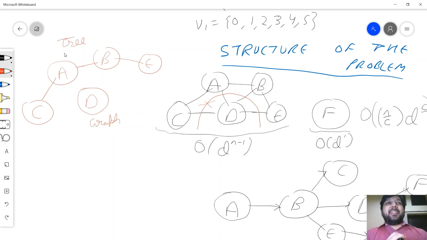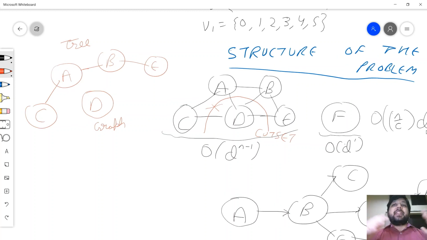In general, this is called a cut set, a set, which is just one here, of vertices which are taken out of your constraint graph, and after taking out, the resultant graph is just a tree. And we love trees. It has polynomial complexity.